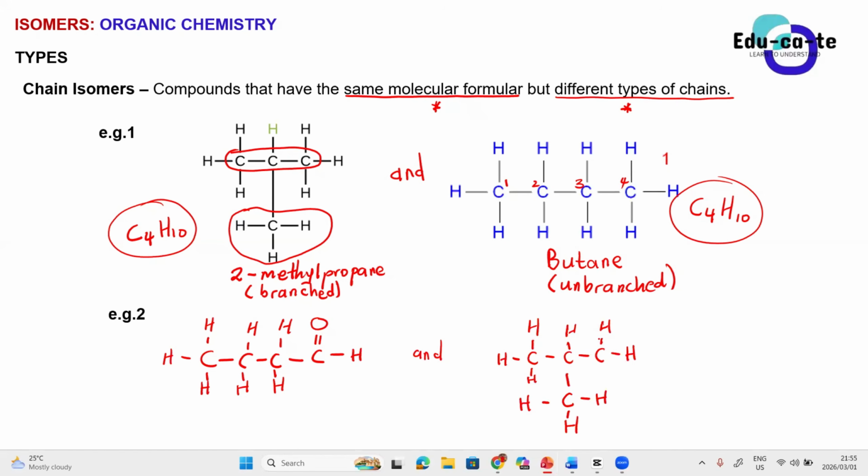That's the problem. I taught you how to name. We did examples, but you guys don't practice. Did we ever say that we indicate the position of the functional group in aldehydes? No, sir. Then why are you indicating the position of the functional group? Guys, that's butanal. That's the first compound that we have.